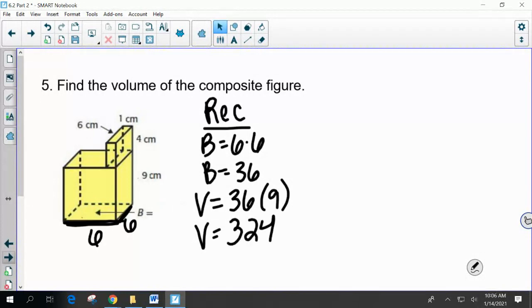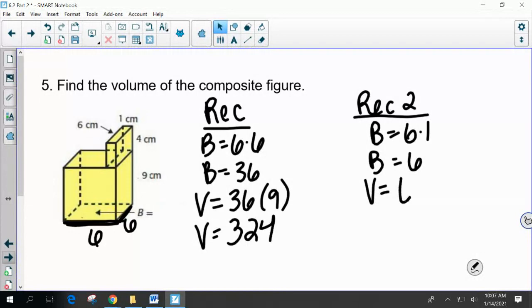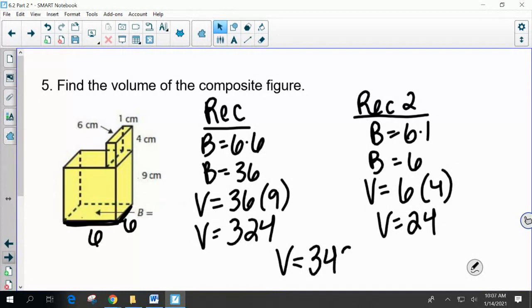Then if I work with the smaller rectangular prism, what 3 numbers am I using? 6, 1, and 4. So capital B could equal 6 times 1, which equals 6, and then my volume would be 6 times 4, which is 24. And then I need to put them together. So my volume would actually be 348 centimeters cubed.